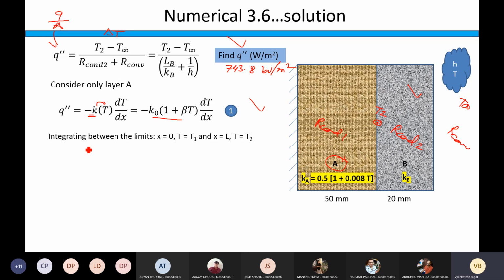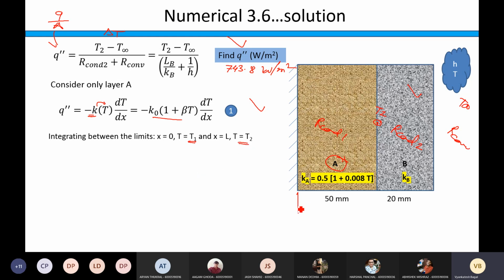Now you have to integrate this equation with the limits. What are the conditions for integrating this equation? We have two boundary conditions now. At x equal to 0, temperature T is equal to T1, and at x equal to L, temperature T is equal to T2.